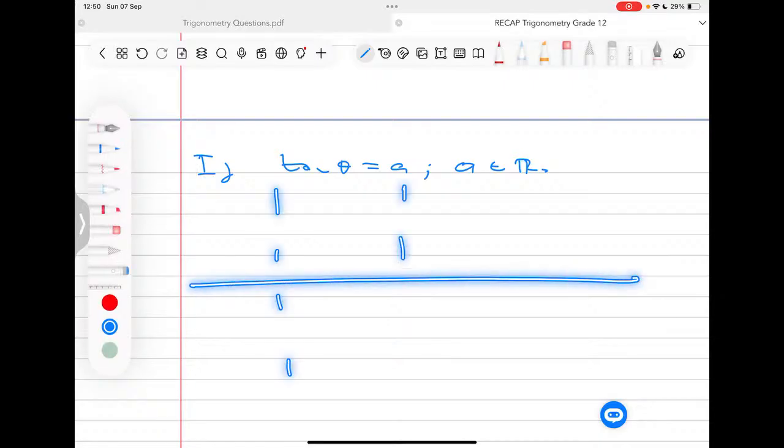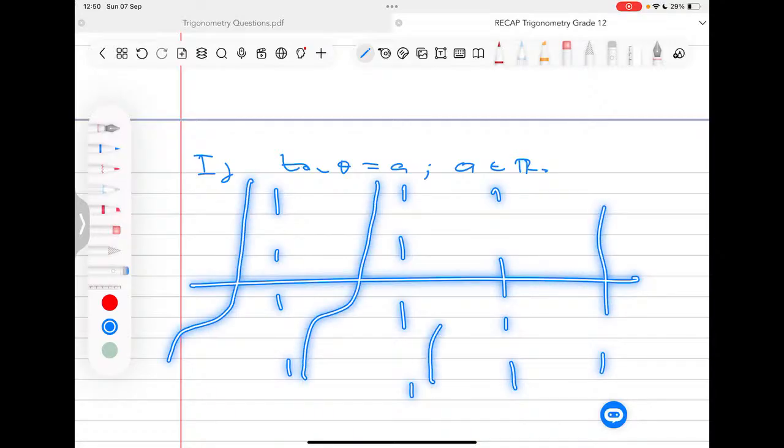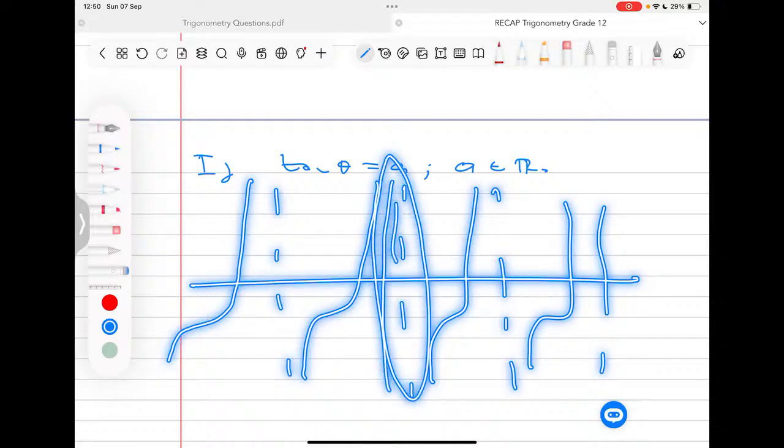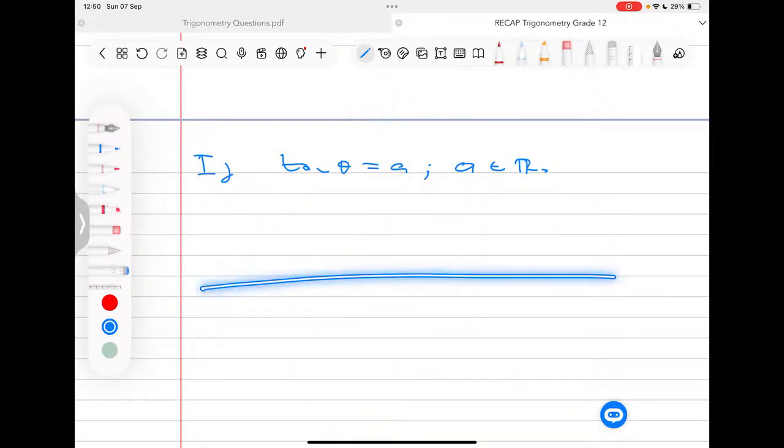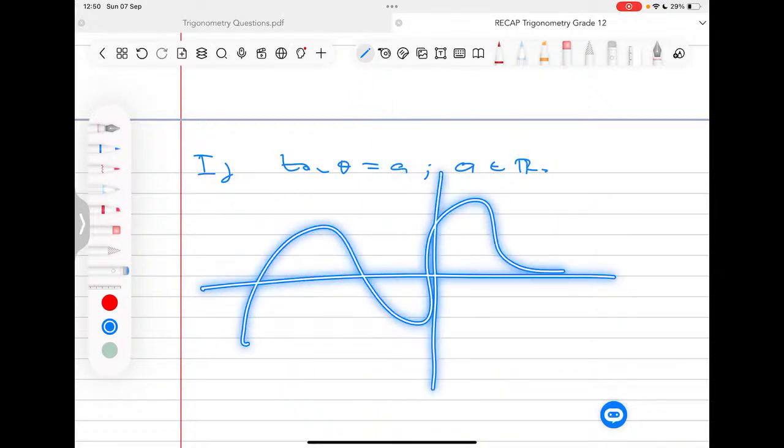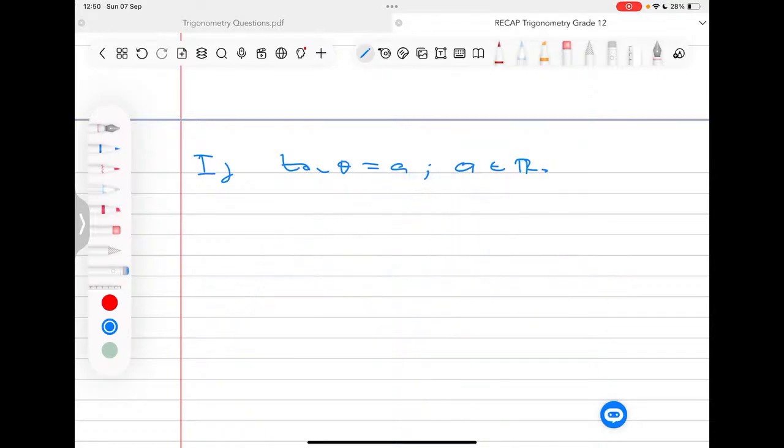It has asymptotes, asymptotes, asymptotes, and then it curves like that. Do you see that our range here is all the real numbers, all the y values that go to infinity and negative infinity like that? Remember, with a sine and a cos graph, you have -1 and 1. So with this one, A becomes an element of all the real numbers.